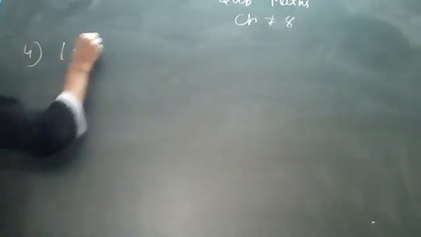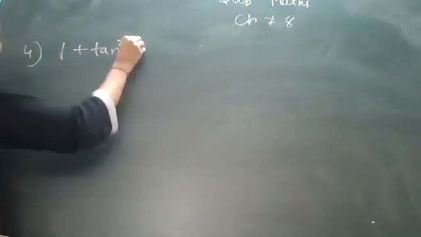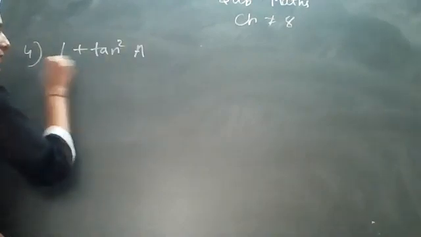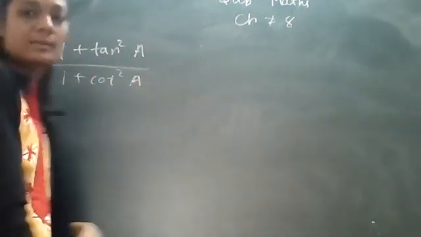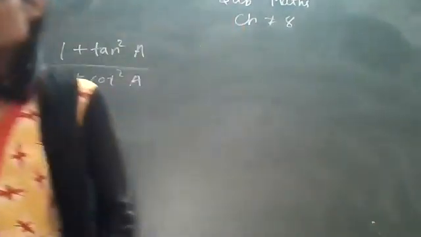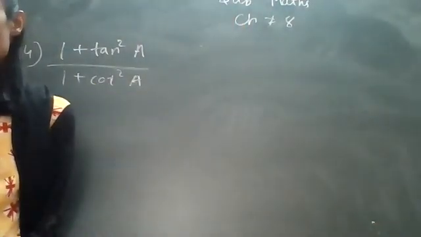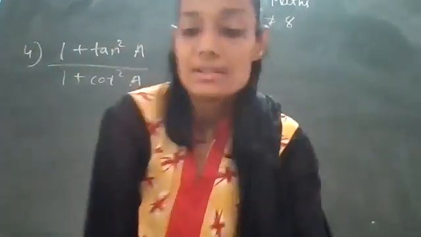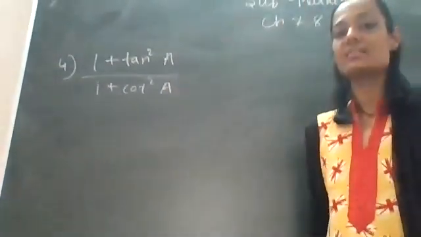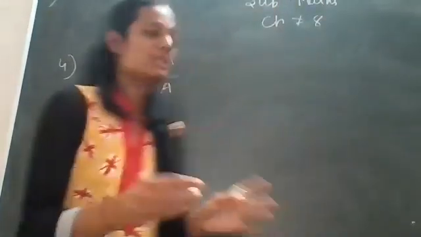Next MCQ is there. 1 plus tan square A upon 1 plus cot square A. Right? So again we have the options: sec square A, minus 1, cot square A and tan square A. See, if you don't know any identities, just simplify by putting sin and cos.